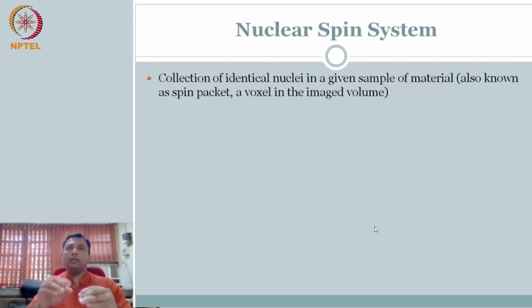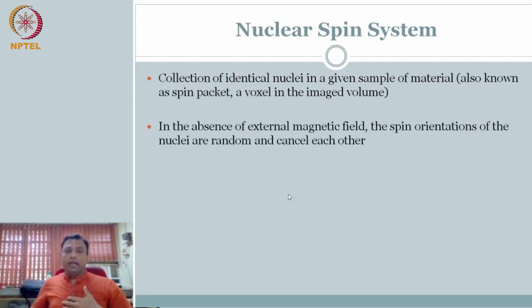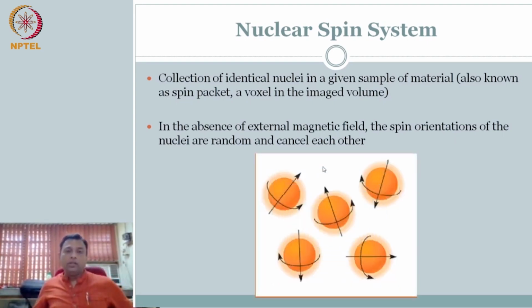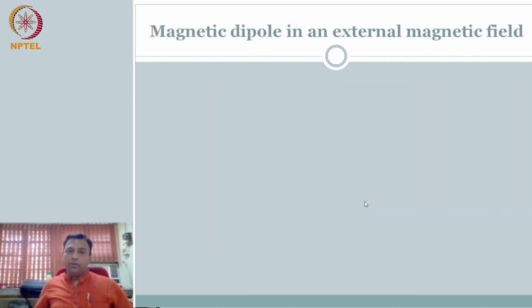But the moment I put that volume inside a magnetic field, subjected to an external static magnetic field, all of the microspins start to align with respect to it. In the absence of an external magnetic field, you don't have any net magnetization because it's all random and it all cancels each other out. Each one is spinning at a different orientation, and therefore the net sum of all the vectors, which is the magnetization vector, is going to be 0.